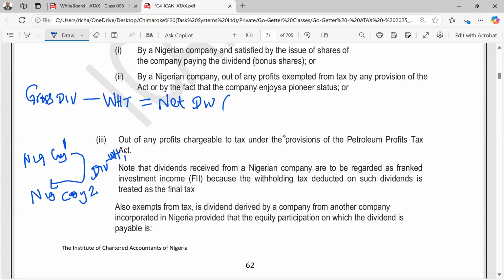Now, the net dividend is what goes to your bank. Withholding tax is deducted from source. So this is the gross that you're supposed to receive, but they won't pay you the gross. They will pay you the net.